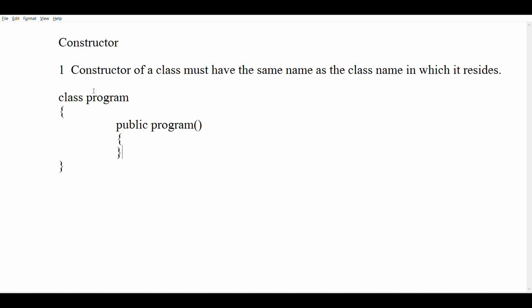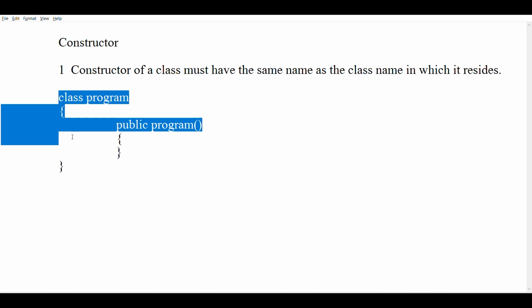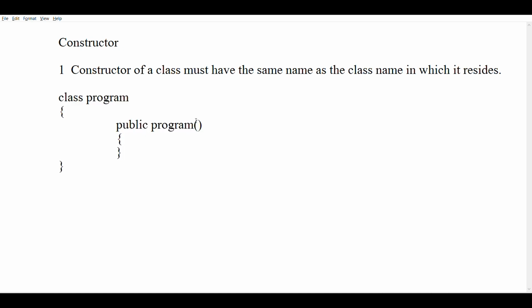This is called a constructor. The class name is Program and the constructor name is the same as the class name. Because if you change the constructor name to Program1, then it requires a return type, because in the CLR there is already a defined meaning of a constructor.